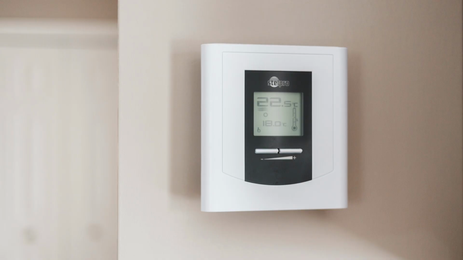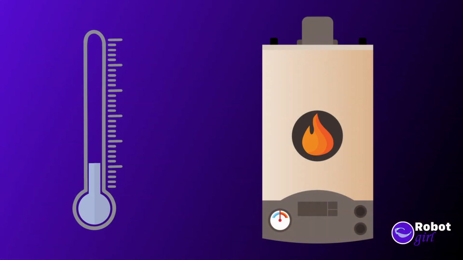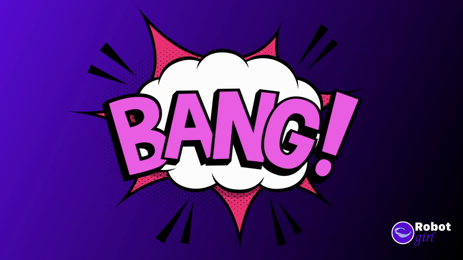A lot of furnaces are either off or on, so if it's too cold in your house, the thermostat turns the furnace on. It doesn't matter whether your house is 1 degree too cold or 10 degrees too cold. The thermostat turns the furnace off once the temperature reaches the set point. This type of control, where the system turns on and off, full blast each time, is called bang-bang control, because bang, it's on, bang, it's off.